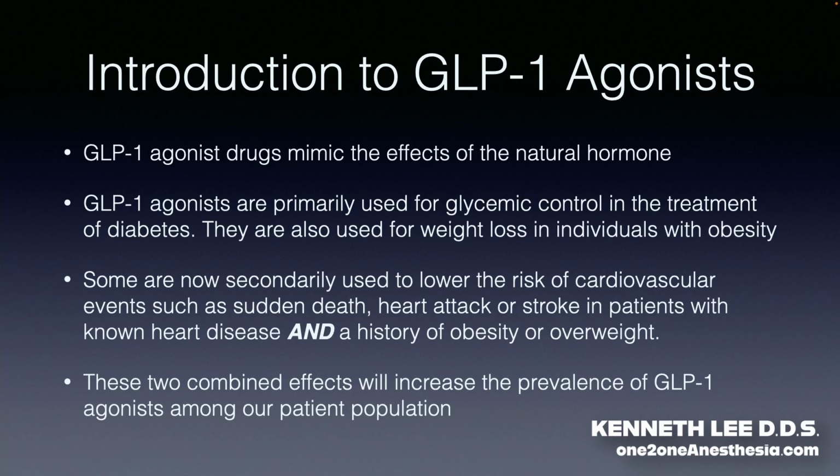Some are now secondarily used to lower the risk of cardiovascular events such as sudden death, heart attack, and stroke in patients with known heart disease and a history of obesity or being overweight. These combined effects will definitely increase the prevalence of GLP-1 agonists amongst our patient population.